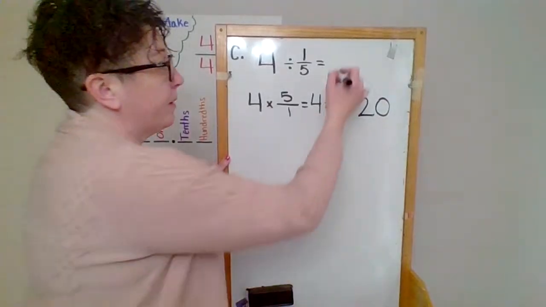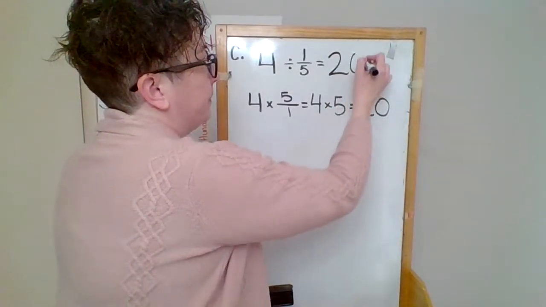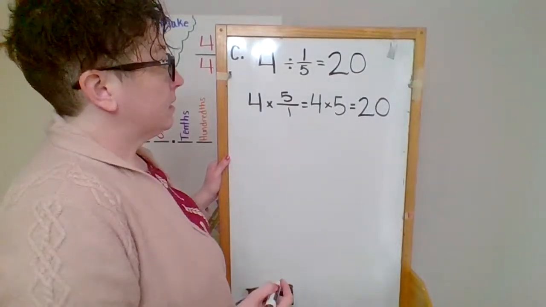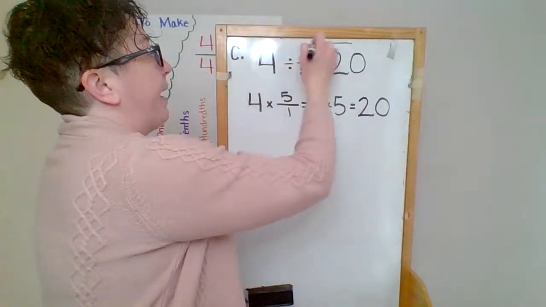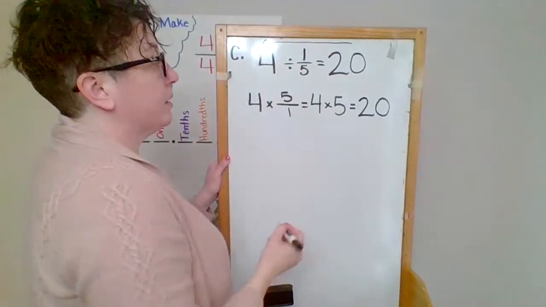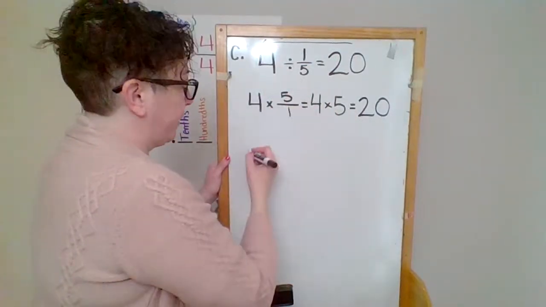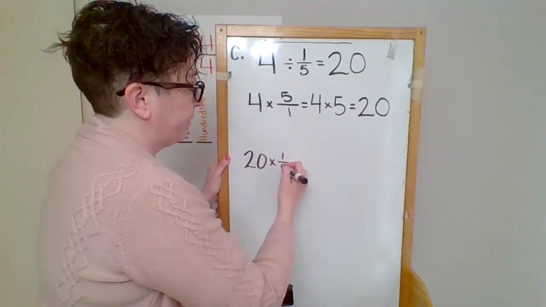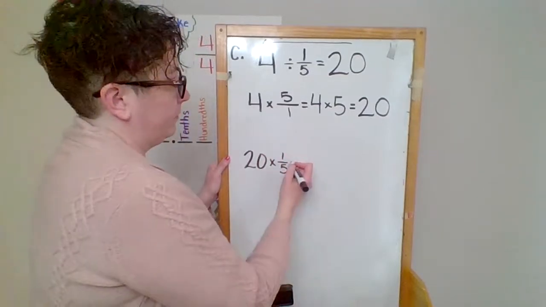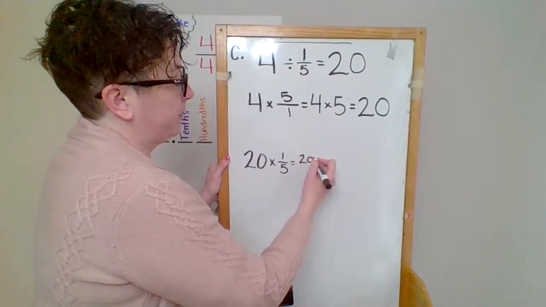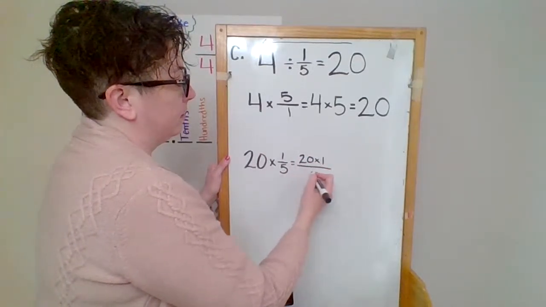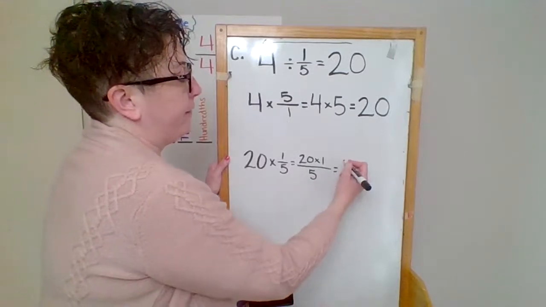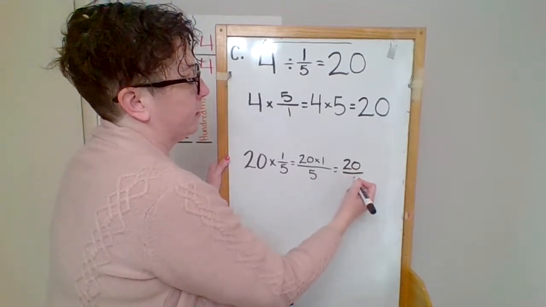Okay, so I think my answer is 20, but I have to check. So to check, I'm going to go backwards, multiplying. So I'm going to do 20 times 1/5, which is 20 times 1 on the top over 5. So I have 20 fifths.